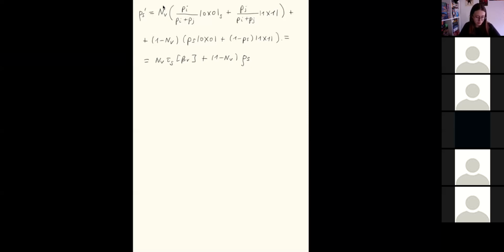And now we can also write the state after n applications. To do so, we make the following observation.